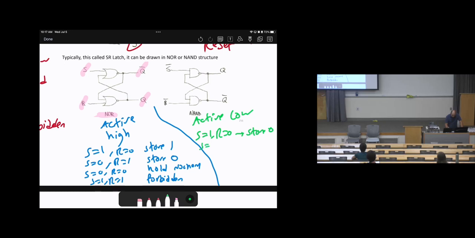When S equals 0, R equals 1, it will store 1. When S equals 0, R equals 0, this is forbidden. When S equals 1, R equals 1, this is hold, which is no change.